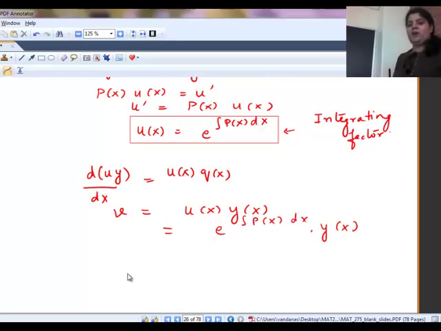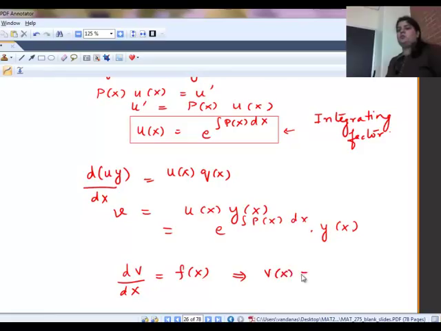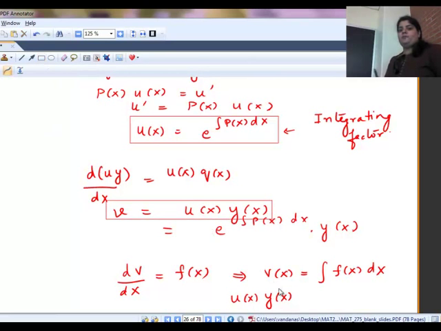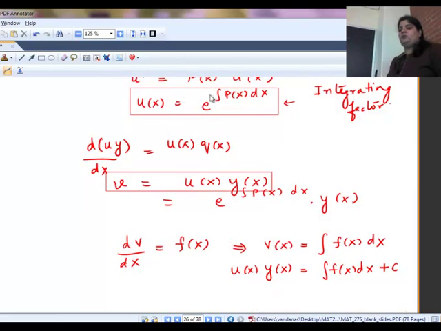Okay. So for example, if you have this problem, how will you solve it? dv over dx equals f(x). v(x) is equal to the integral of f(x) dx, right? So this means u(x) times y(x), because v is nothing but this, is equal to the integral of f(x) dx plus a constant of integration, and therefore u(x), which you already know is this, you have y(x).